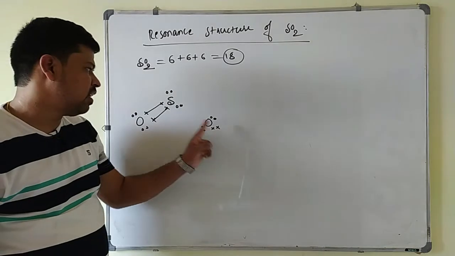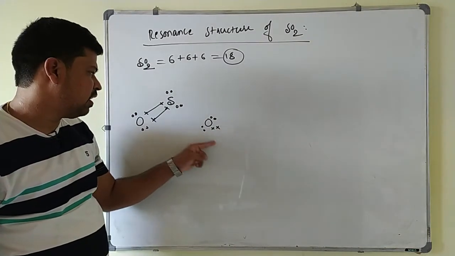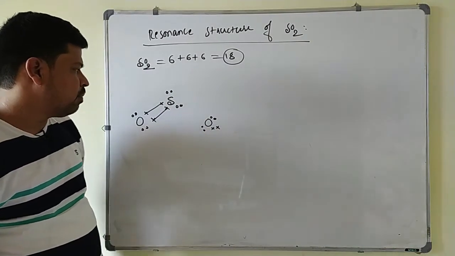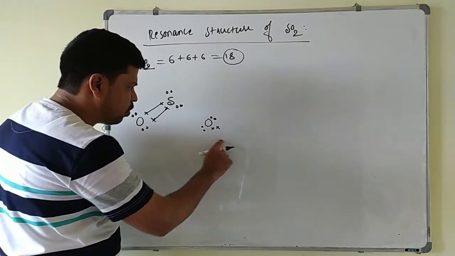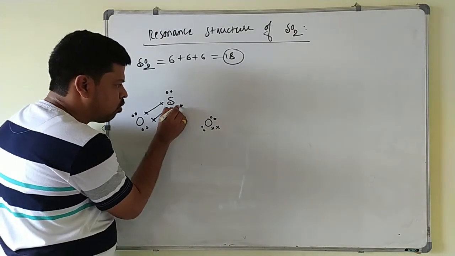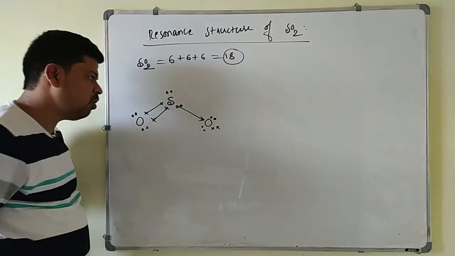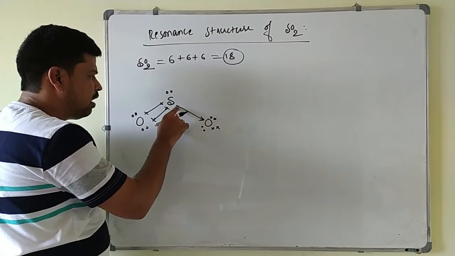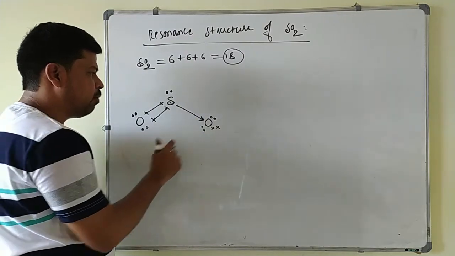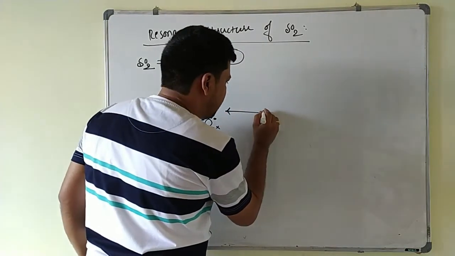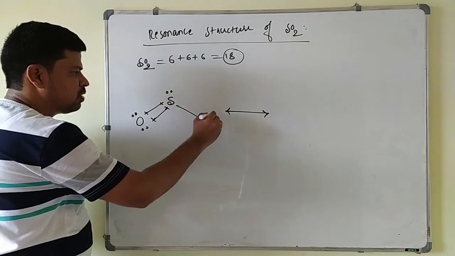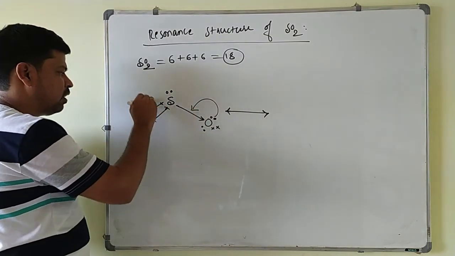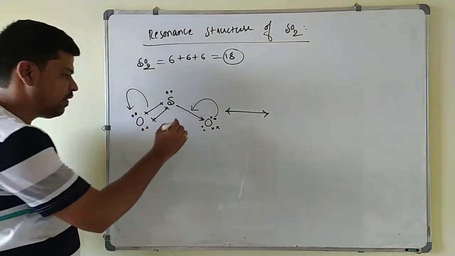Here unpaired electrons are there, and here paired electrons are there. So we cannot form a simple covalent bond here, but sulfur is just 2 electrons less than octet. We can form a coordinate bond between the sulfur and oxygen. So this structure can be equivalently written as, by utilizing 2 electrons, I have written this coordinate bond. These 2 electrons are shifted here, and these 2 electrons are going to this one.